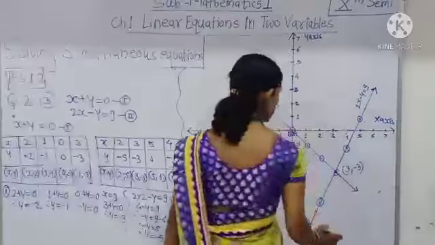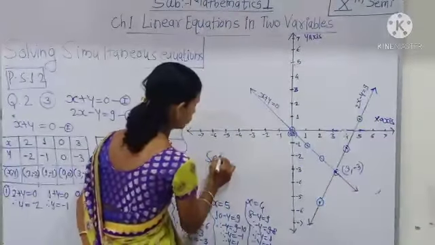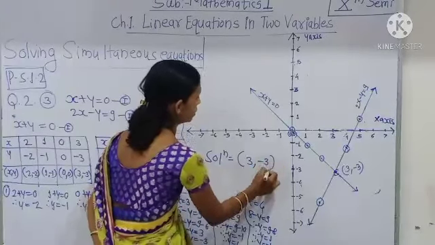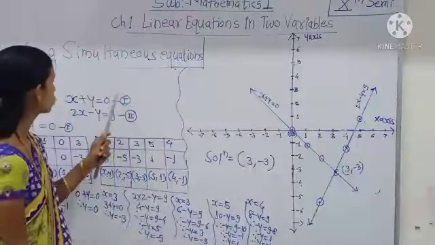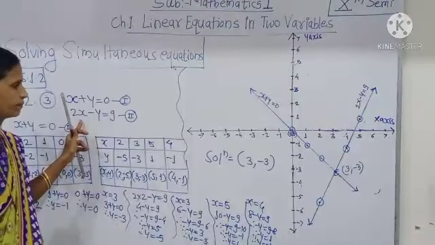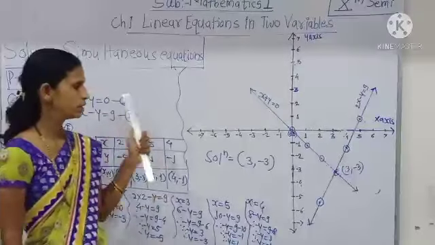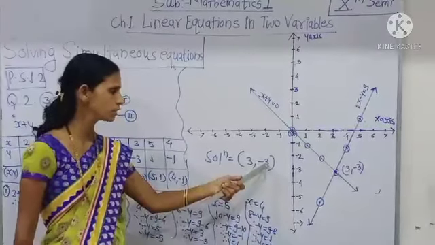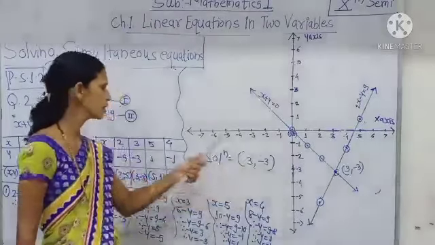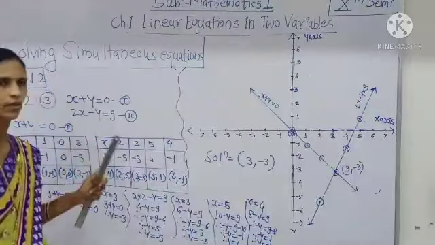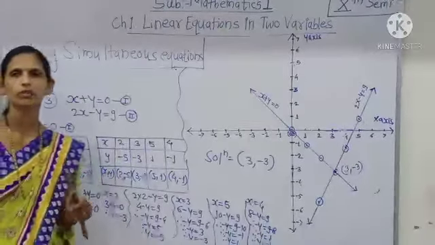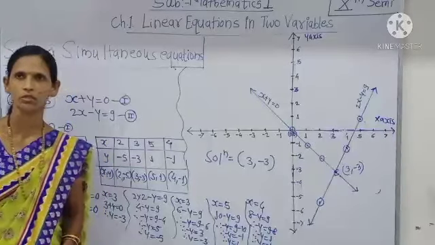Therefore, the solution of these simultaneous equations is (3, -3), the root or solution of that simultaneous equation. You can tally these by using these values of the solution, that is x and y values, in the given equations. That is about the graphical method of solving simultaneous equations.